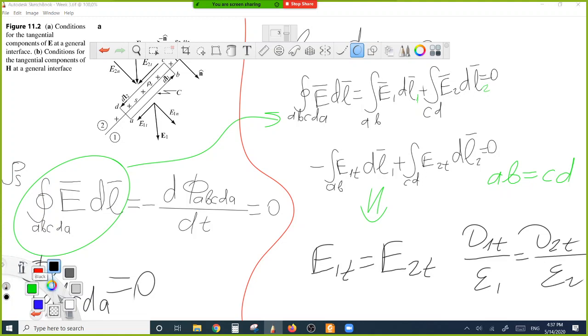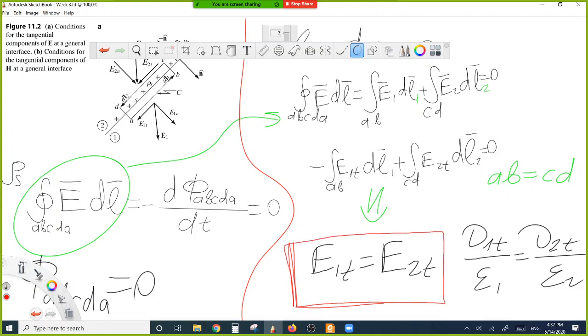So these are the boundary conditions or interface conditions for time-dependent electric fields.